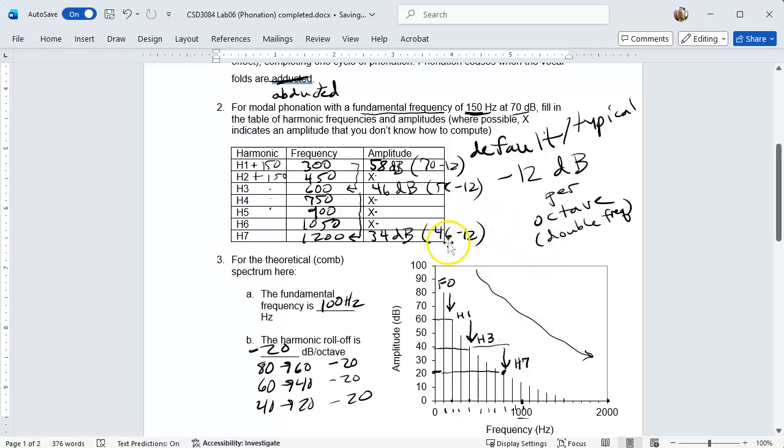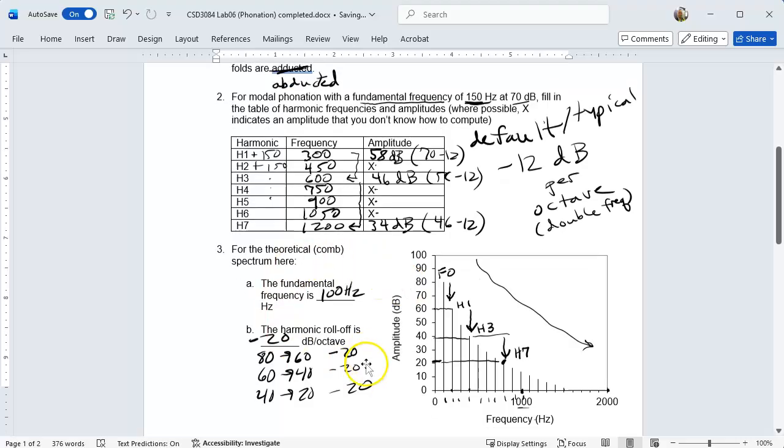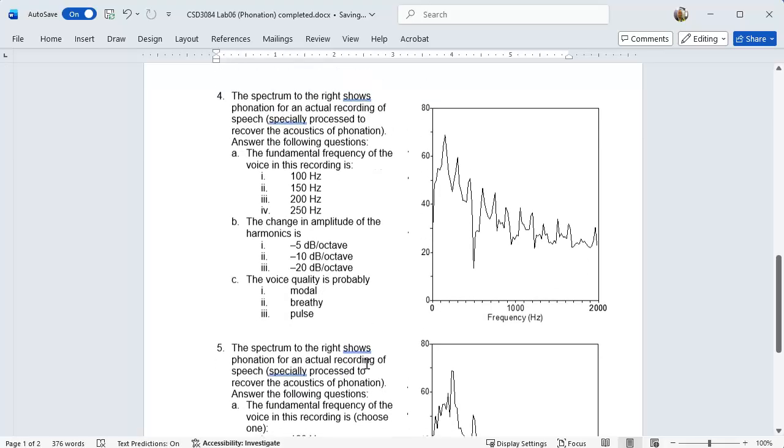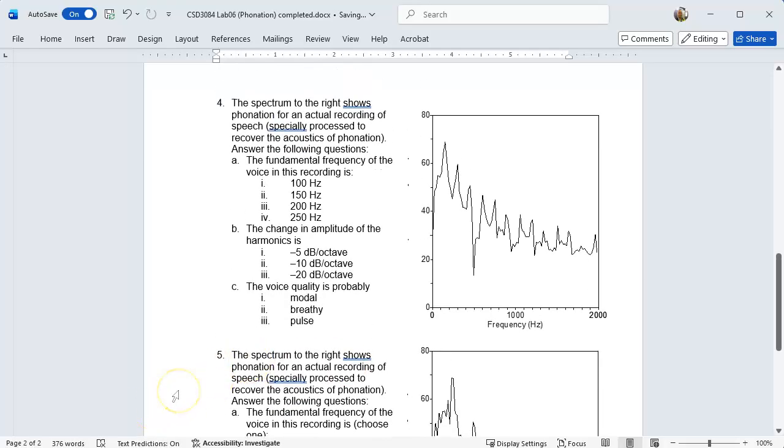All right, second page has a couple of similar problems to that theoretical comb spectrum problem, but with a couple of extra wrinkles. One is that I took a recording of myself producing a steady state vowel, did some fancy filtering to it to try to reconstruct and get back to just the phonation part of that speech signal, and so I get something like this.